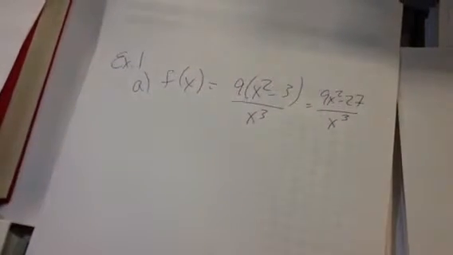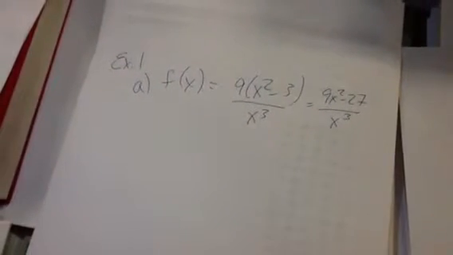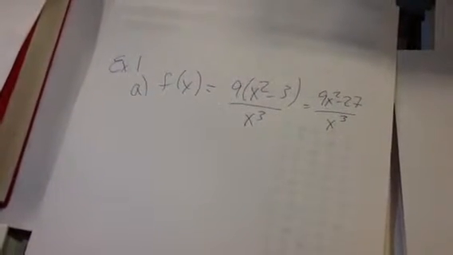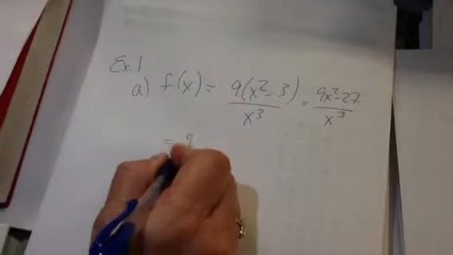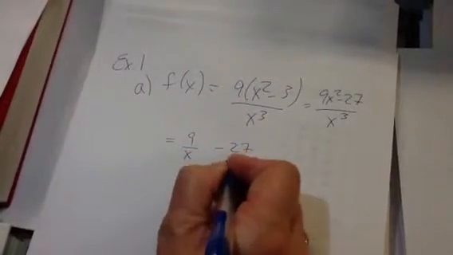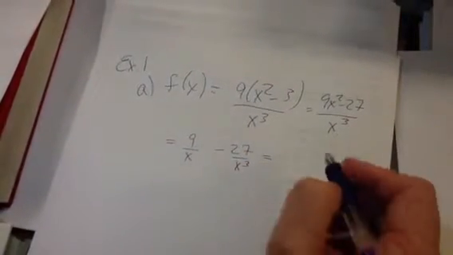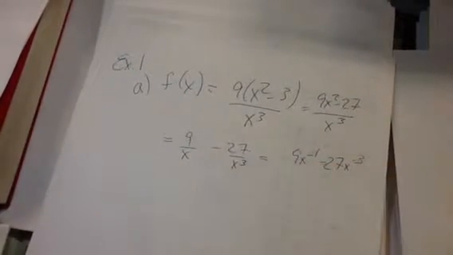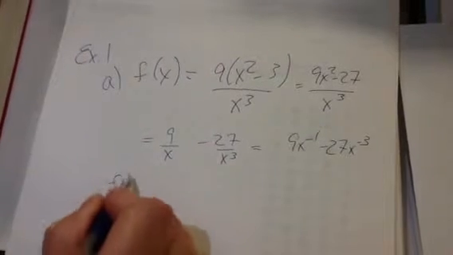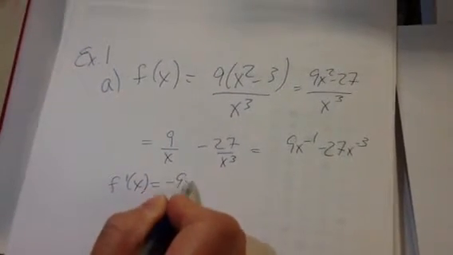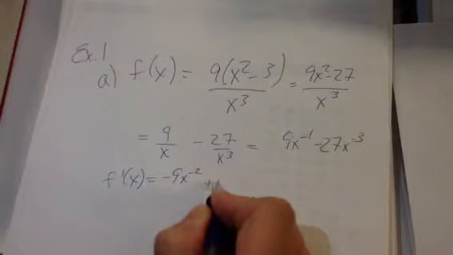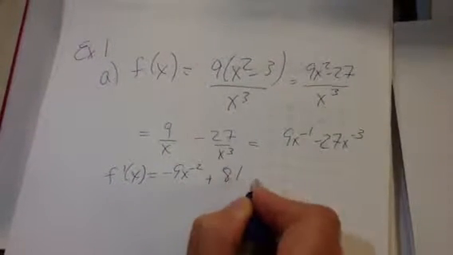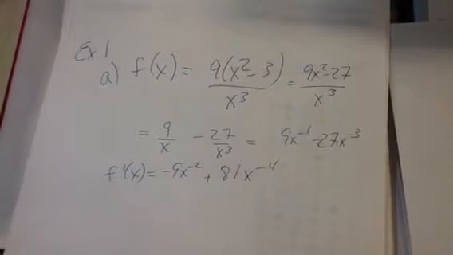Now we could do low d high minus high d low, or do you want to simplify that fraction even more? Couldn't we go 9 over x minus 27 over x cubed? So now let's take the derivative and we get negative 9x to the negative 2 plus 81x to the negative 4.